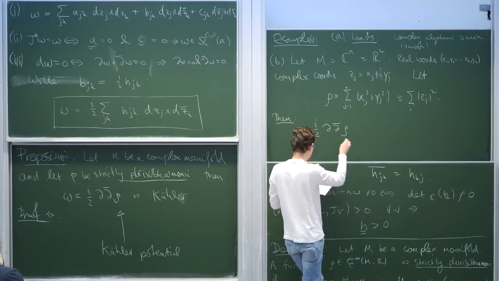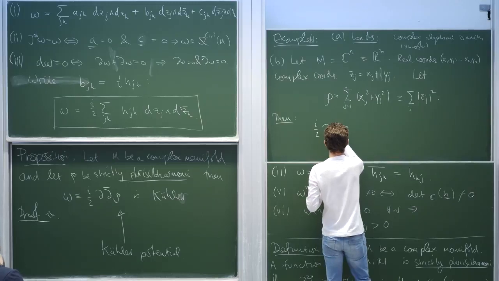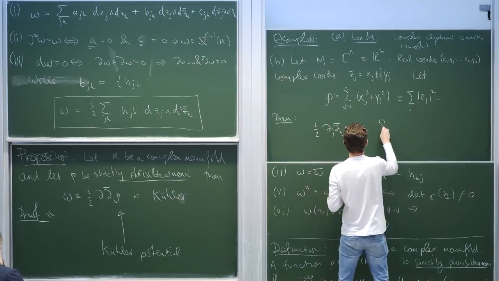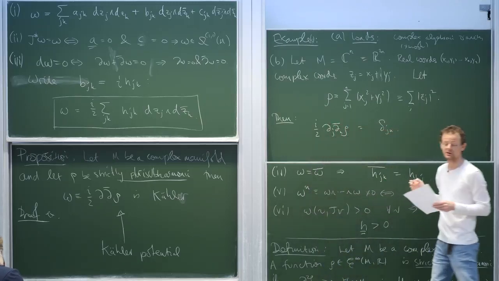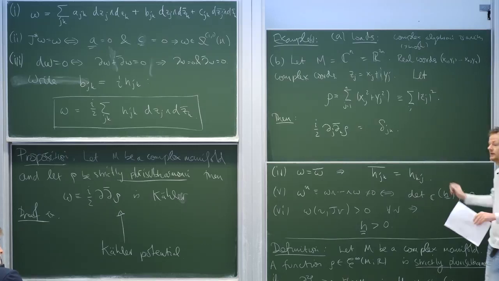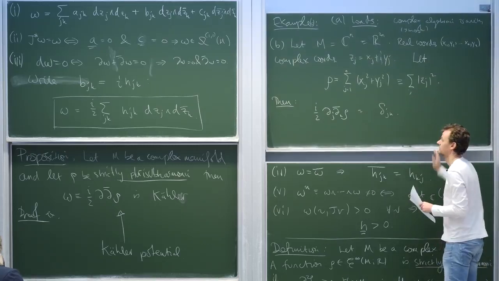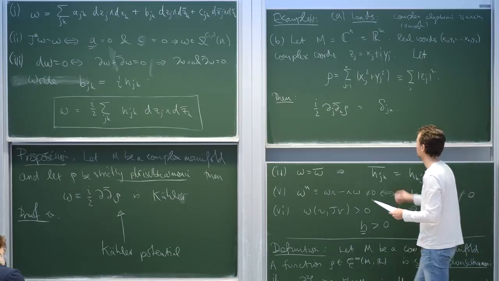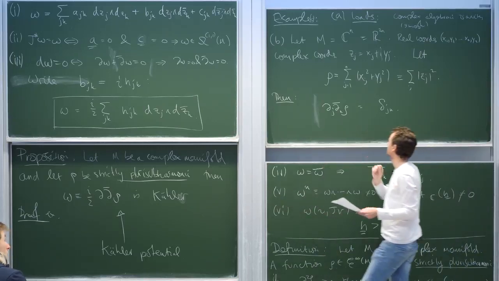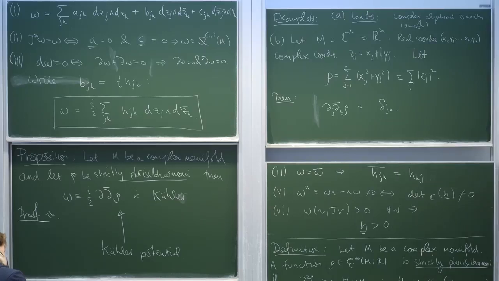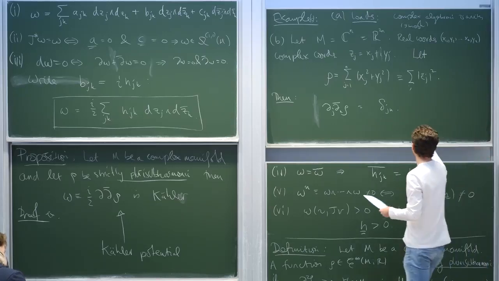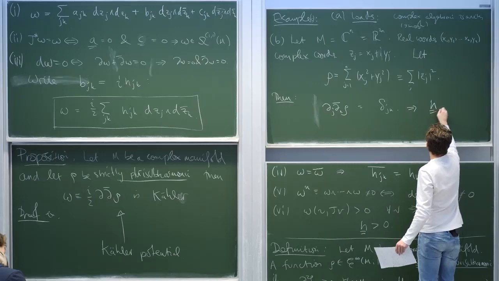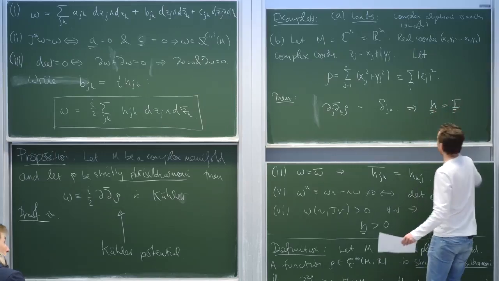With an i over 2, well, in components we get delta jk, which are the components of a positive operator, namely the identity matrix. So this H matrix is the identity matrix.